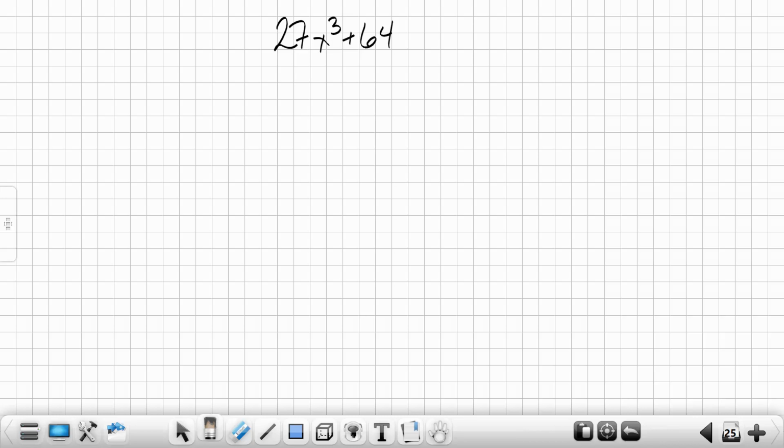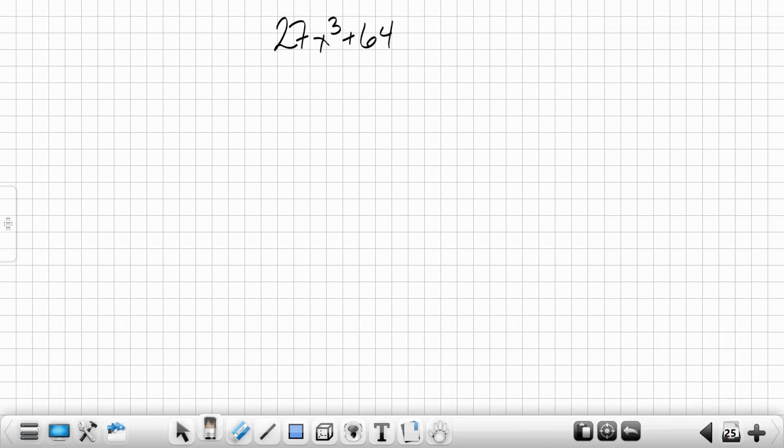Which ones does this match up with on the start? Is this difference of two squares, perfect square trinomials, sum of two cubes, difference of two cubes? What do you think this one might be? Michael?